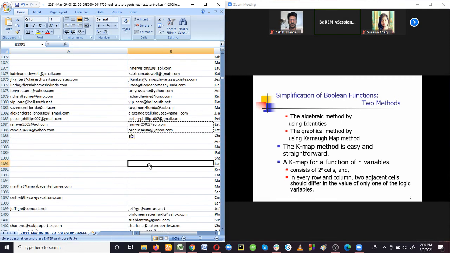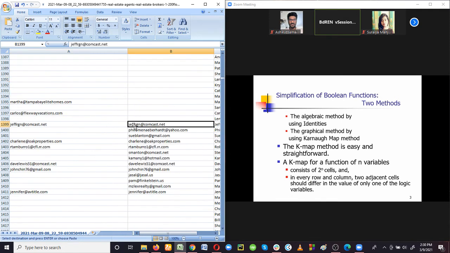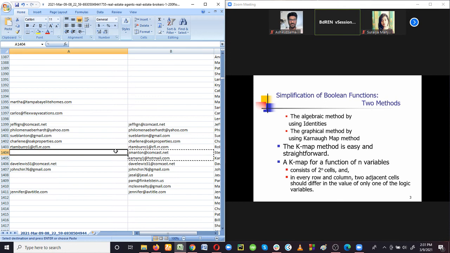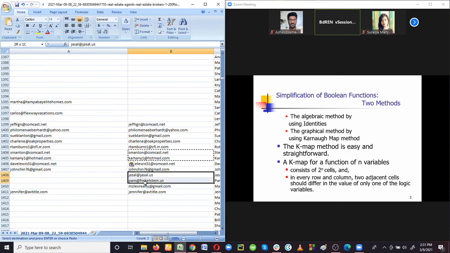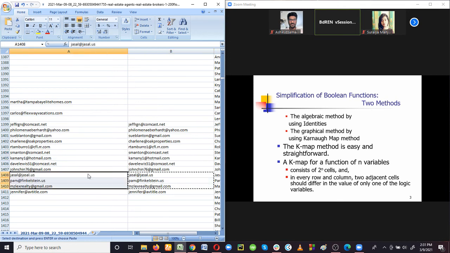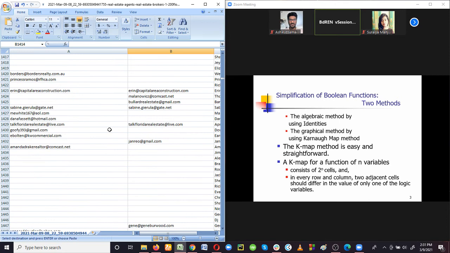If I ask you to tell some attributes of K-map, these will be the attributes. The first attribute is that a K-map consists of 2 to the power n cells, where n is the number of variables. That means if we use 2 variables, the number of cells will be 4. If we use 3 variables, the number of cells will be 8.